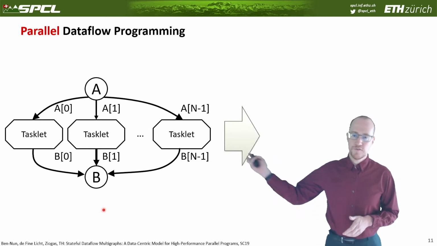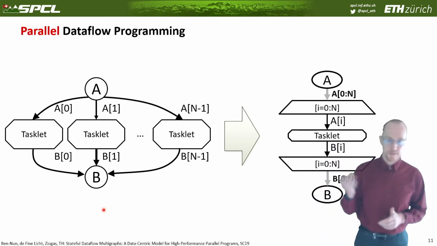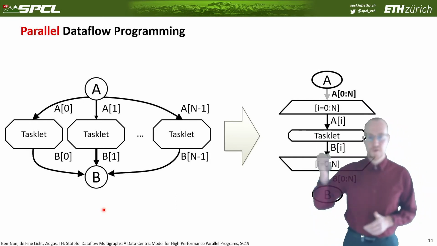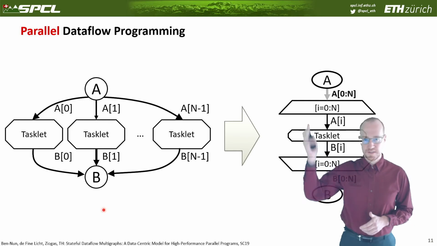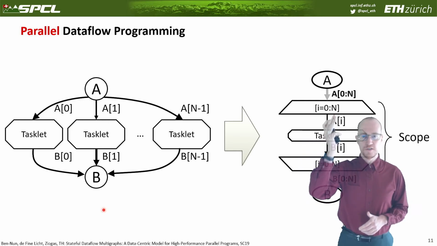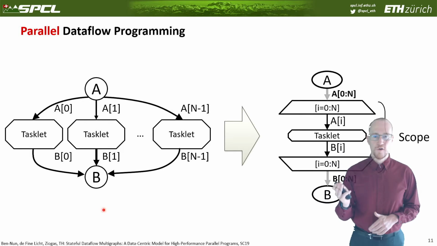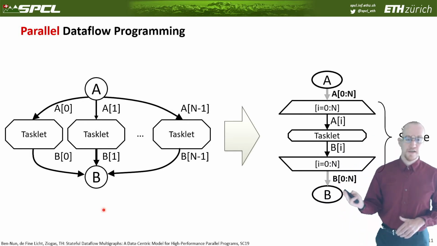So this is kind of the general view. And of course, this graph is relatively hard to look at. So what we do is we have a shortcut way, and this is what you've seen before. This is what we call the burger. It has an opening as kind of a scope. So it has an opening statement that defines the iteration space. What is the source of this array? Where does the data flow here into this tasklet in the middle? And then it closes the iteration space down here again, and it produces an output range in B from 0 to n.